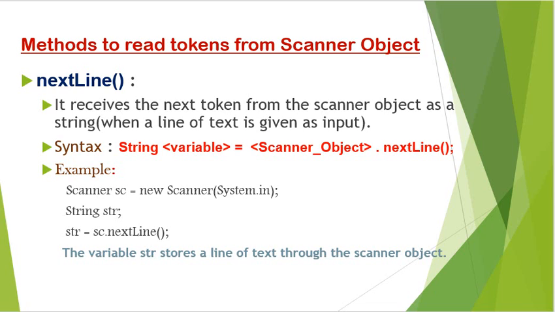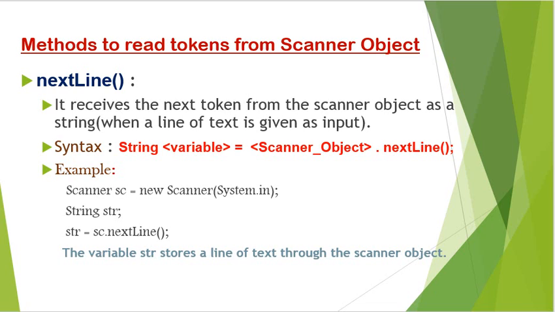So when we want to enter a line of text as input, we will use the function nextLine. It takes a line of text, a sentence, as input from the user, until we hit the enter button on the keyboard.